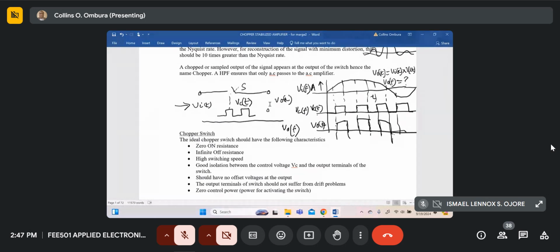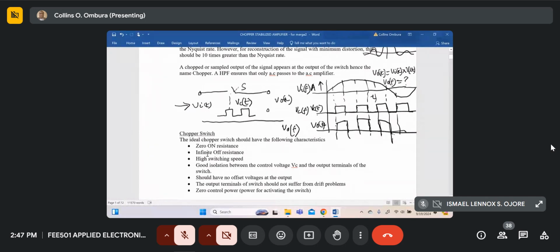Now let's go deep into the requirements of the chopper switch. The ideal chopper switch should have the following characteristics. Number one, it should have a zero on resistance, because you don't want part of our input voltage being lost across the switch.